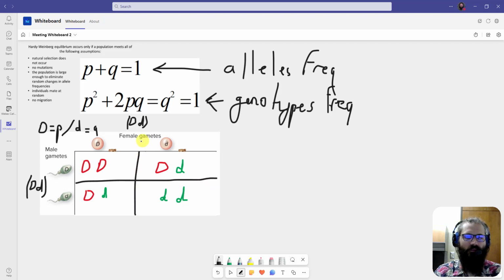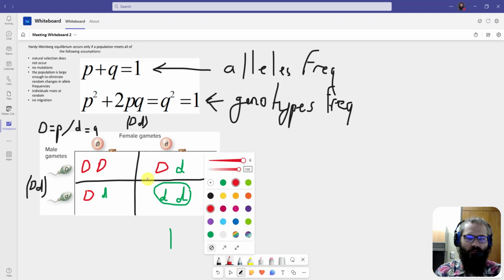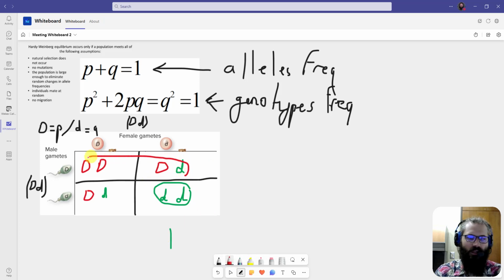Everybody gets that? So when you look at this, you have genotypes of offspring from both parents, and if you look at the ratio of phenotypes, you will have one that would be green, and you will have three of them that would be red, correct?